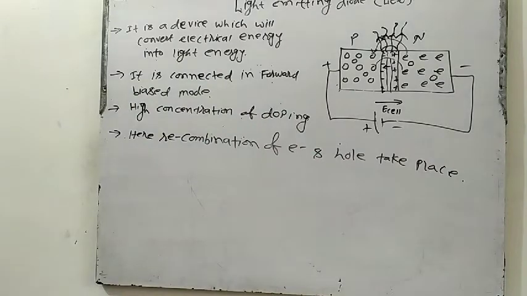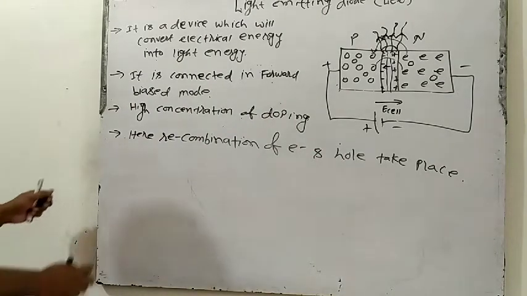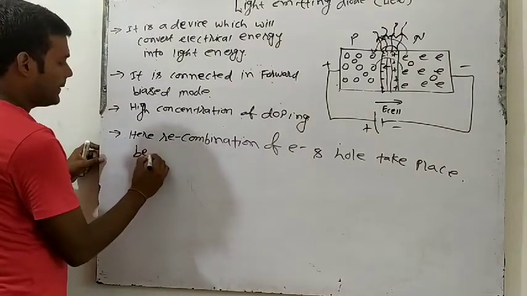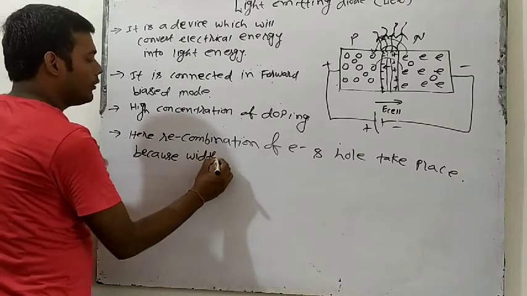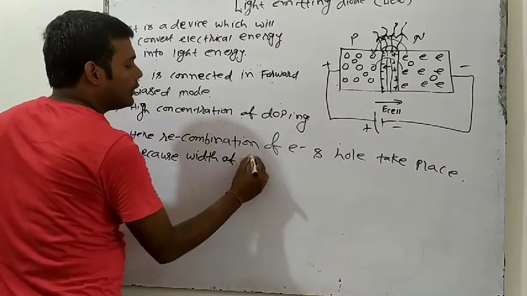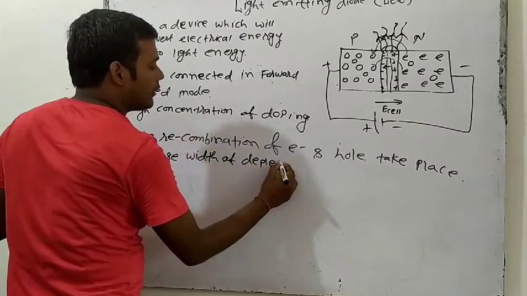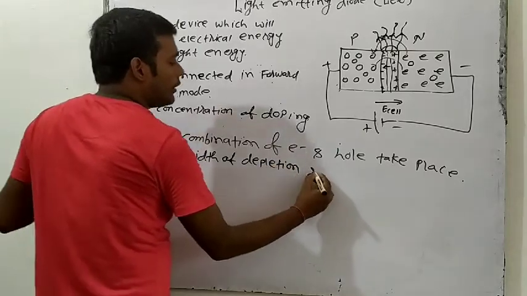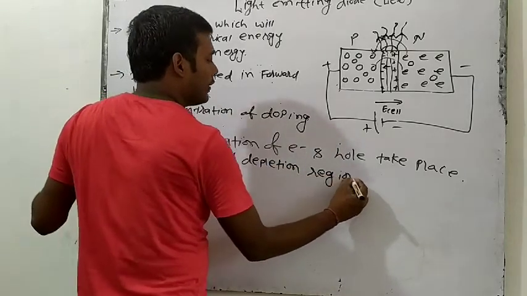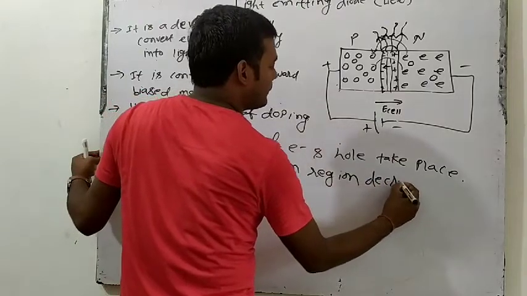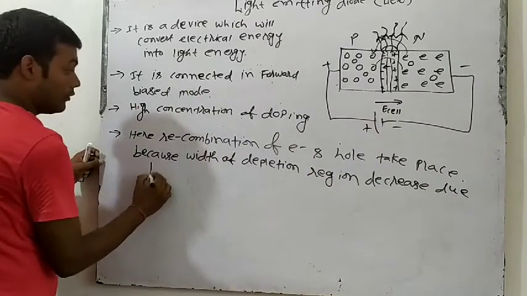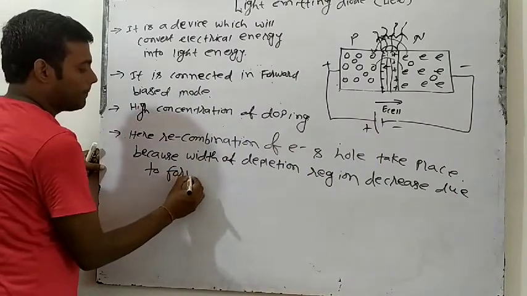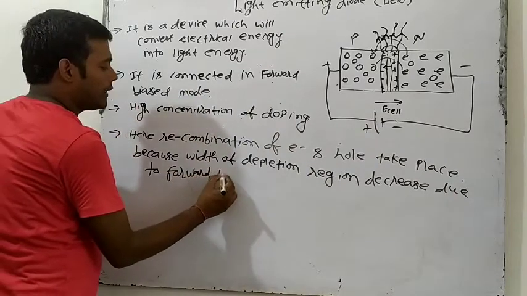Recombination of electron and hole take place because width of depletion region decrease due to forward biasing.